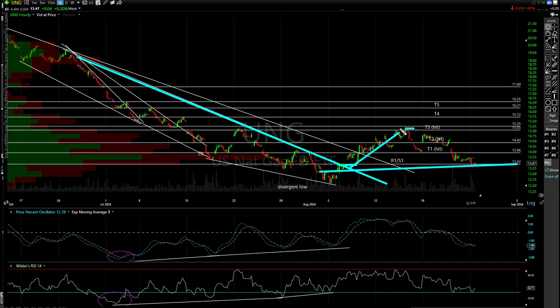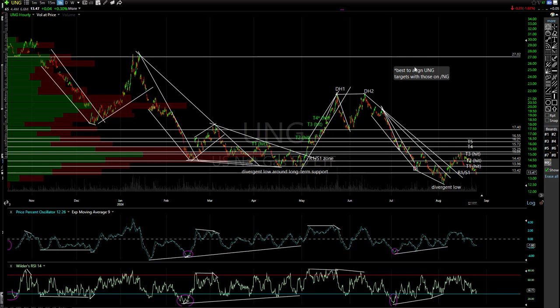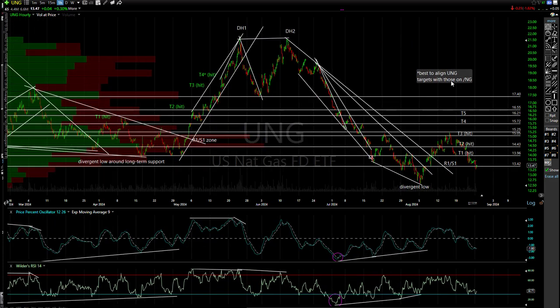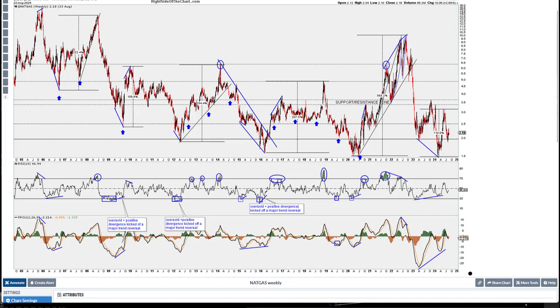We hit T3 right there, came down, this was T1 right here, and so there are the same targets. Although, as I always say, as you can see on the chart, it's best to align your UNG targets with those on NG, natural gas futures, because that's what UNG is tracking. They're rolling the futures, so the price levels are going to change over time on UNG because you're buying and rolling into different futures contracts as time goes on.